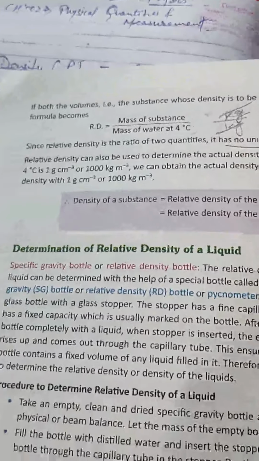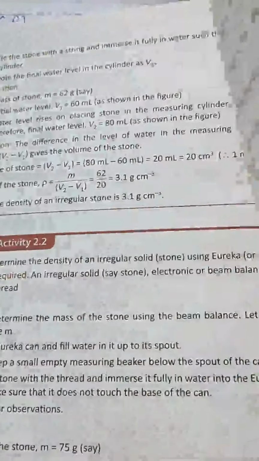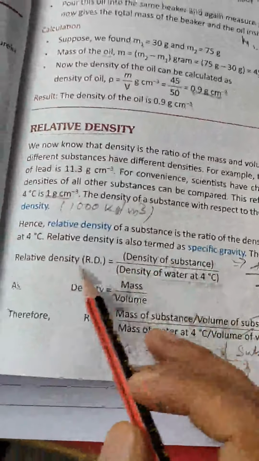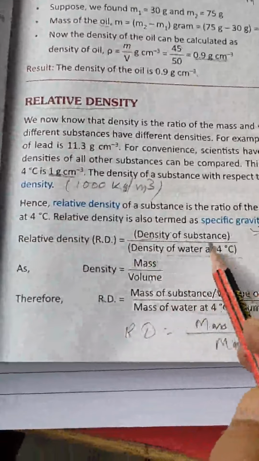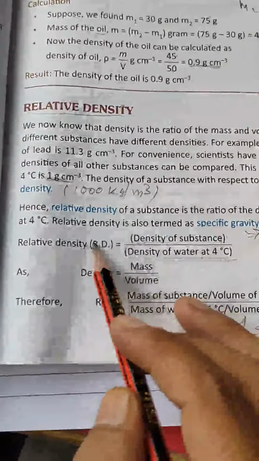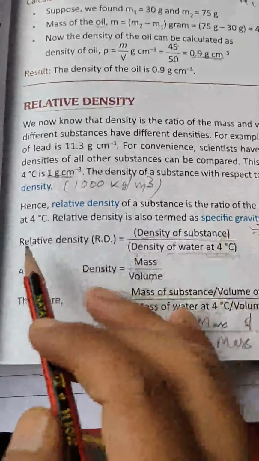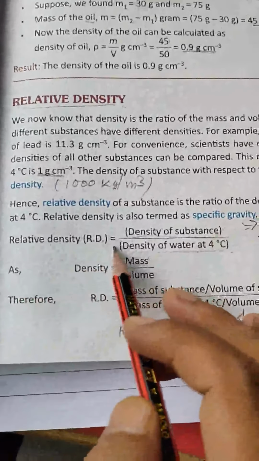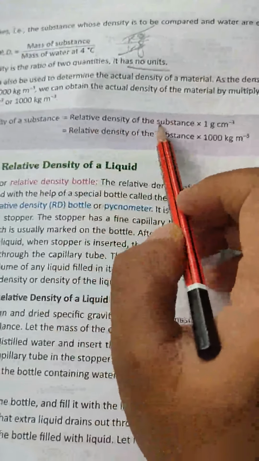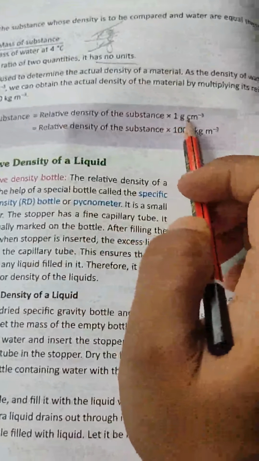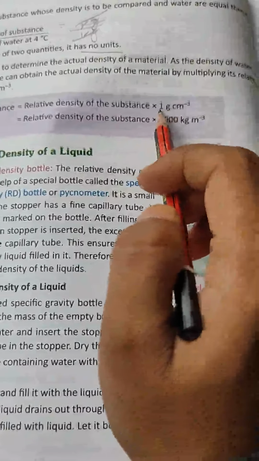With this formula we can also find the density of a substance. We know that relative density equals the density of the substance upon the density of water. So if we are finding the density of the substance, this will be multiplied across. The density of the substance will be the relative density into the density of water at 4 degrees Celsius, that is, relative density into 1 gram per centimeter cube, or 1000 kg per meter cube, which is the density of water at 4 degrees Celsius.